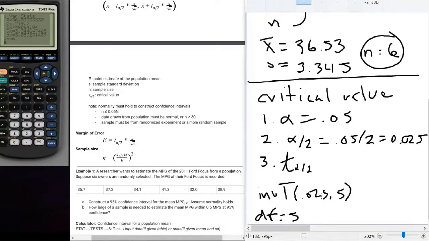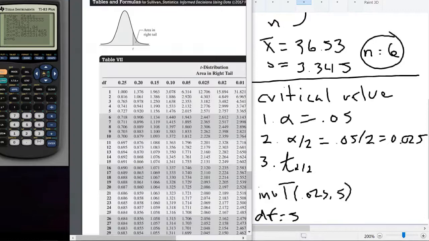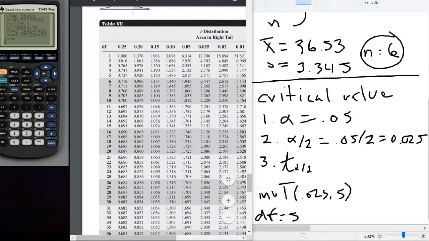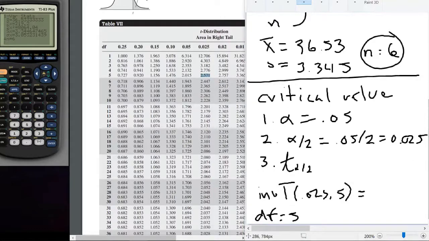You can also use the table approach to do so. Since I'm using the 83 here, I have to use the table approach in this case. So I'll go to 0.025, cross check with a degrees of freedom of 5. My value is 2.571. Okay, and take the positive sign.